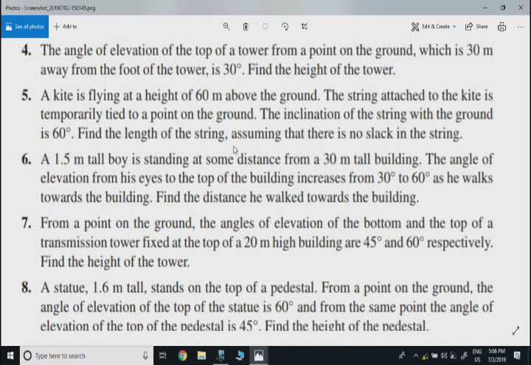Yes, Presidency. The answer is right for question 5. Senapati, question number 7 is also right. You are really fast today.